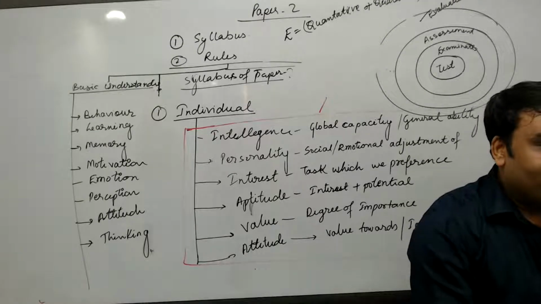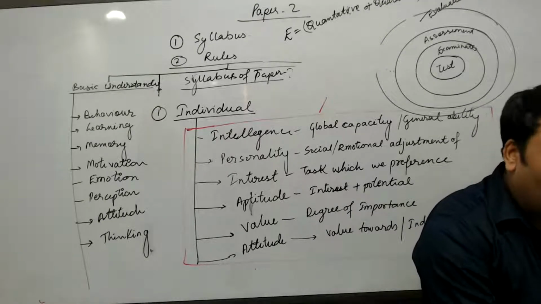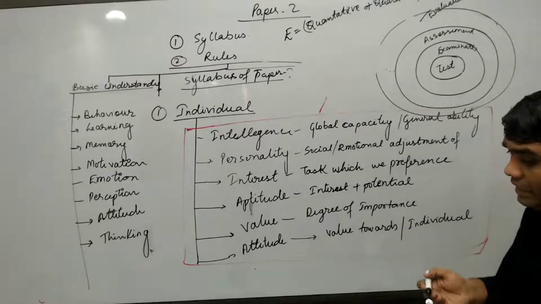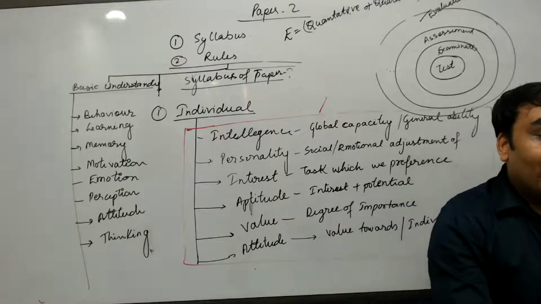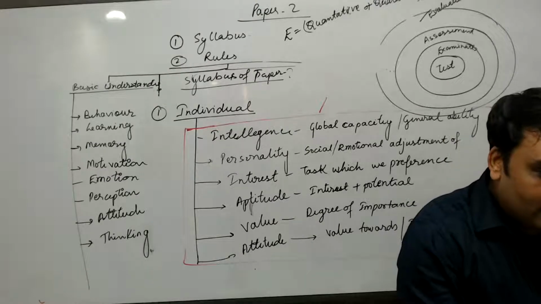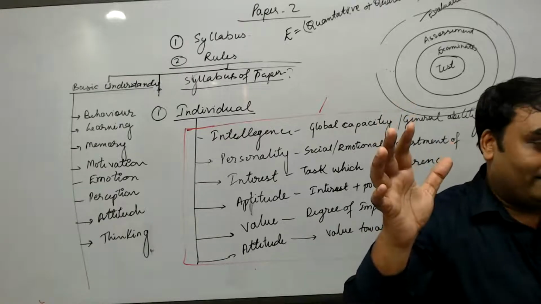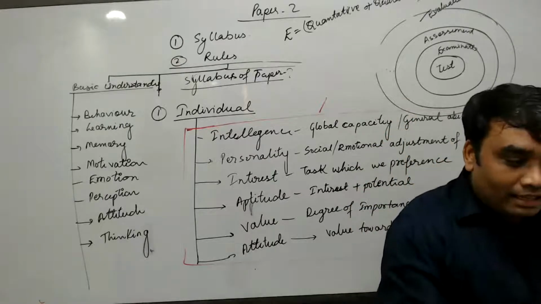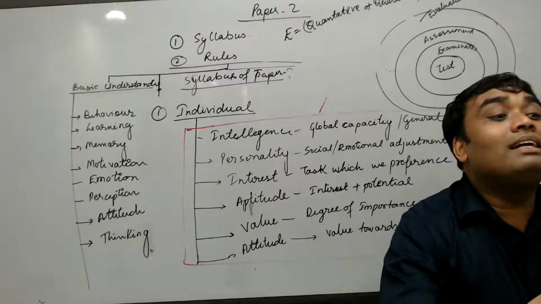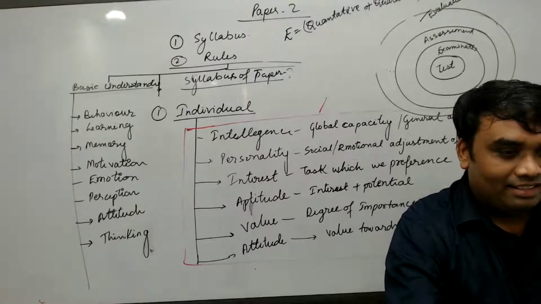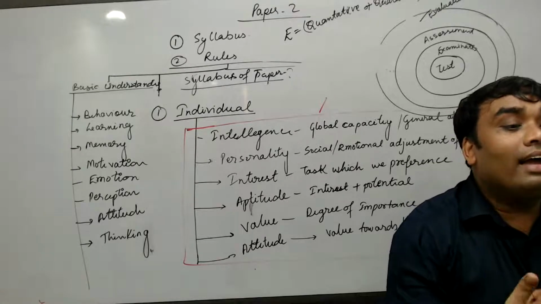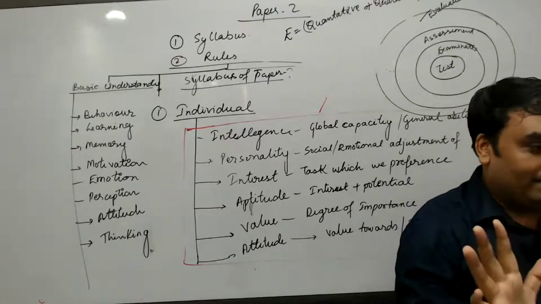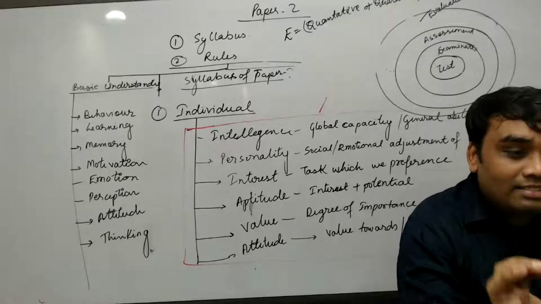So what is the difference between test and examination? That I need to explain. Testing is first a micro assessment. Examination is a broader assessment. Testing means identifying certain specific abilities.